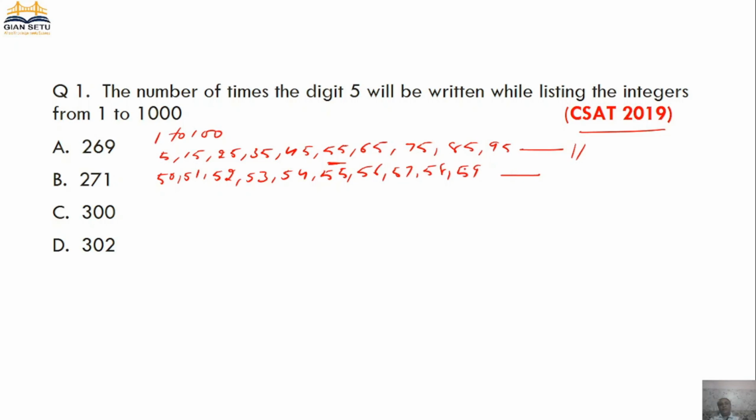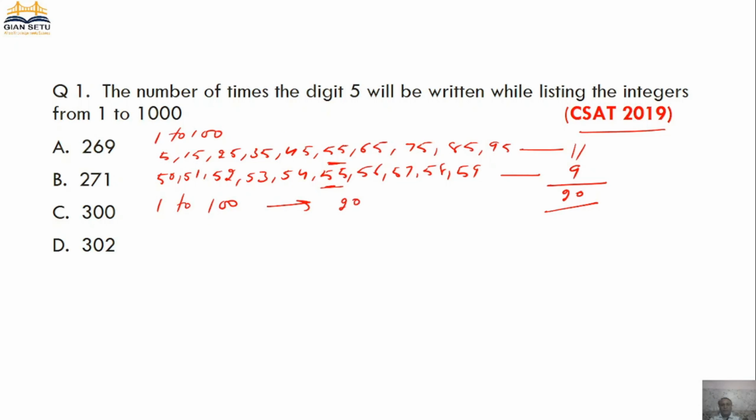These are 10 numbers, but we have already covered 55 here. So digit 5 appeared 9 times here. So the total appearance of digit 5 from 1 to 100 is 20. So from 1 to 100, digit 5 appeared 20 times.